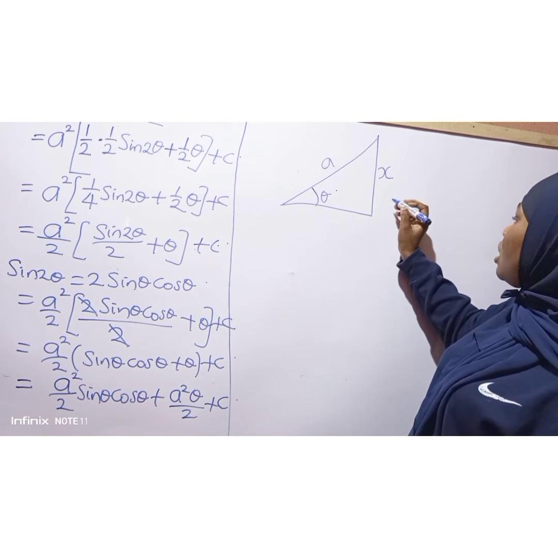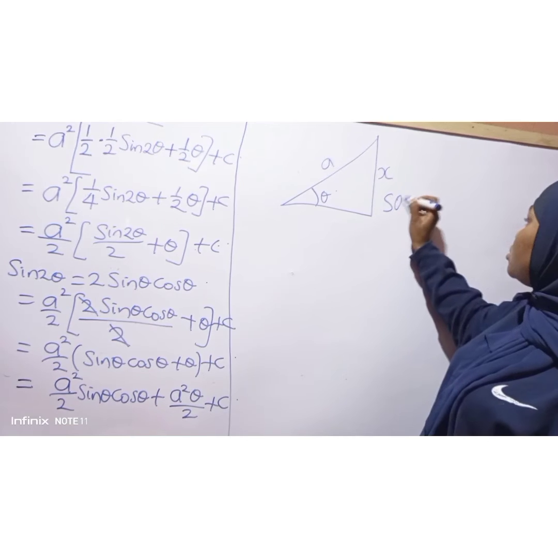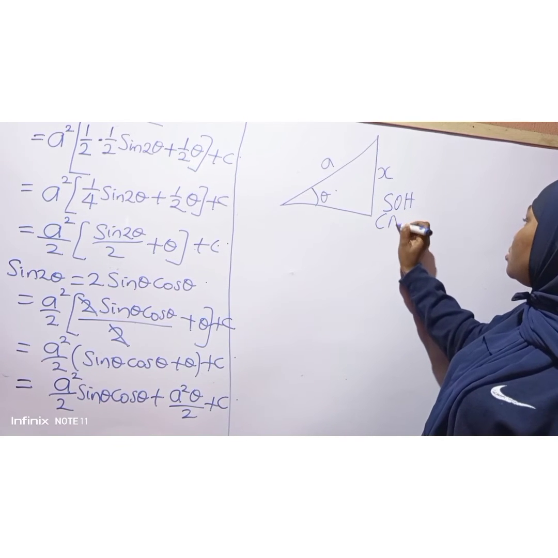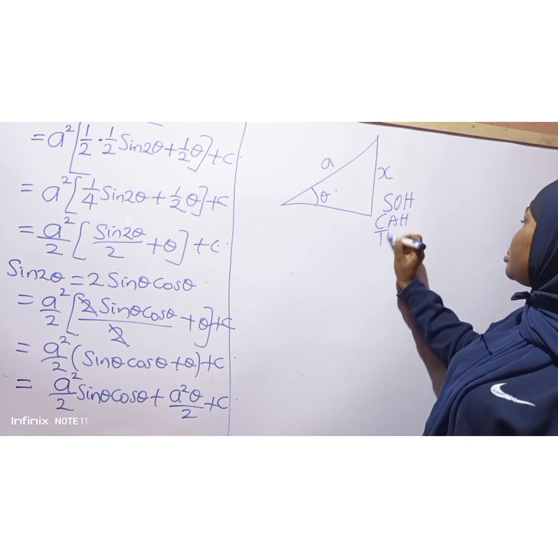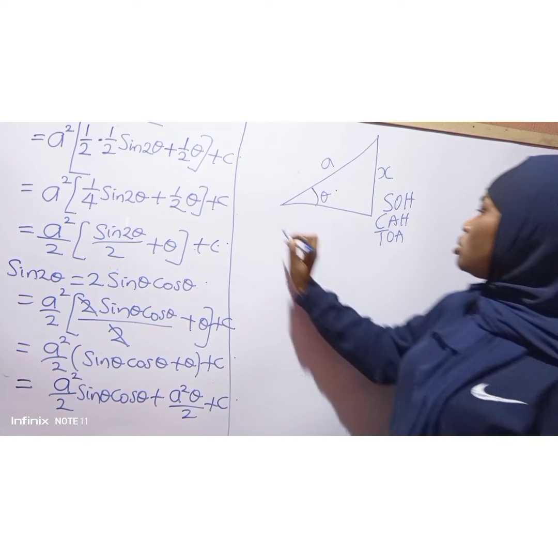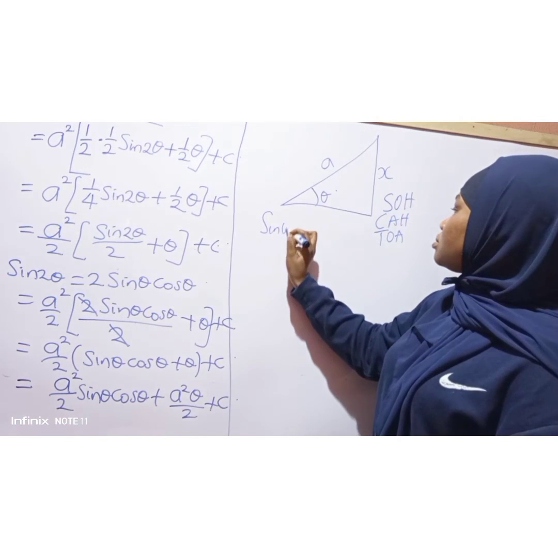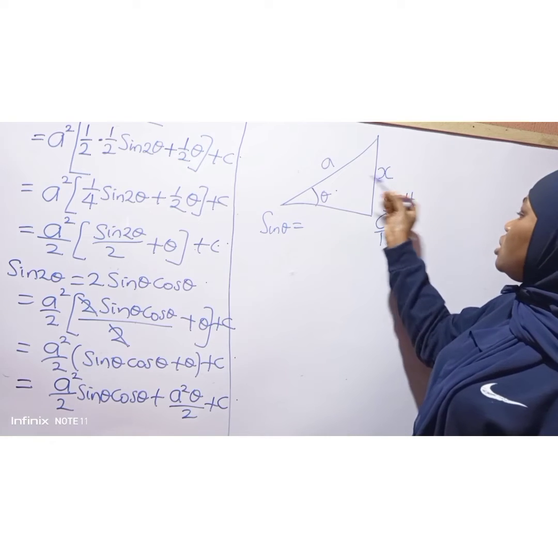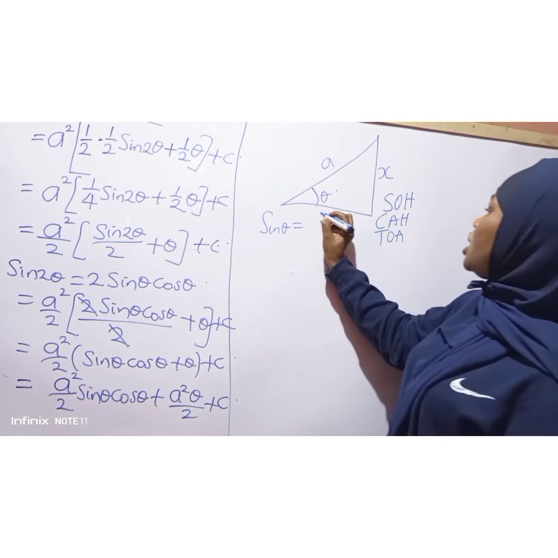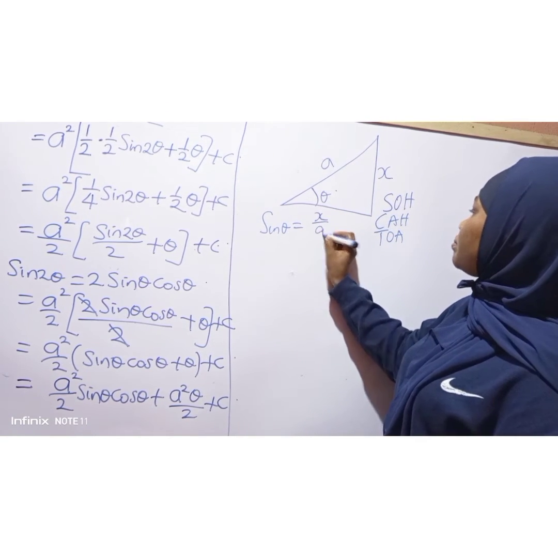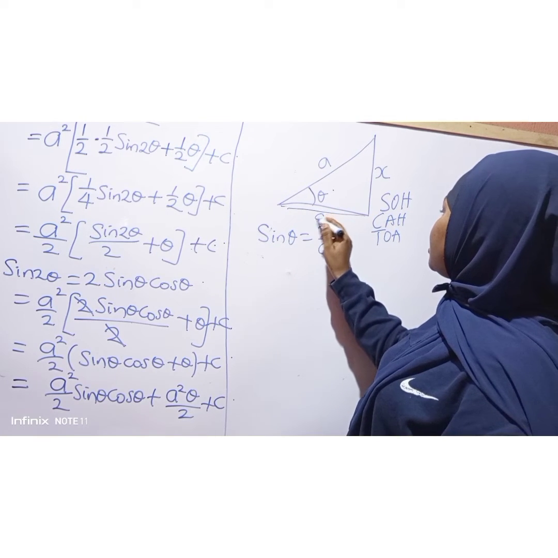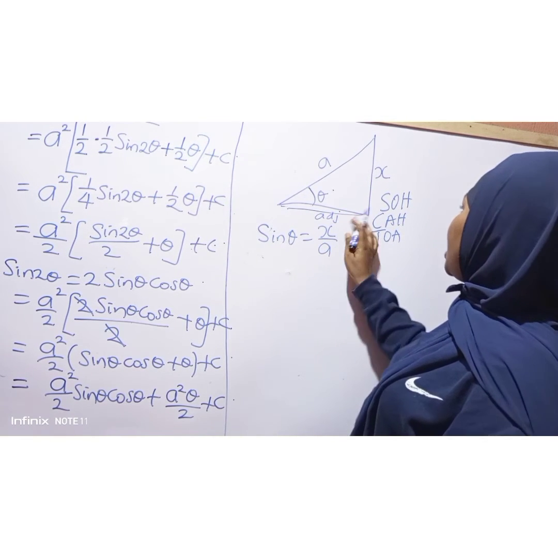So I can answer that according to SOHCAHTOA. Sine theta will be equal to opposite over hypotenuse, which is x over a. We need to find the adjacent.